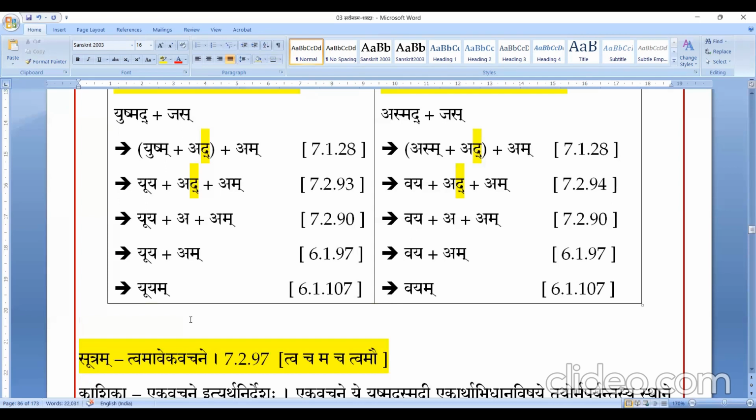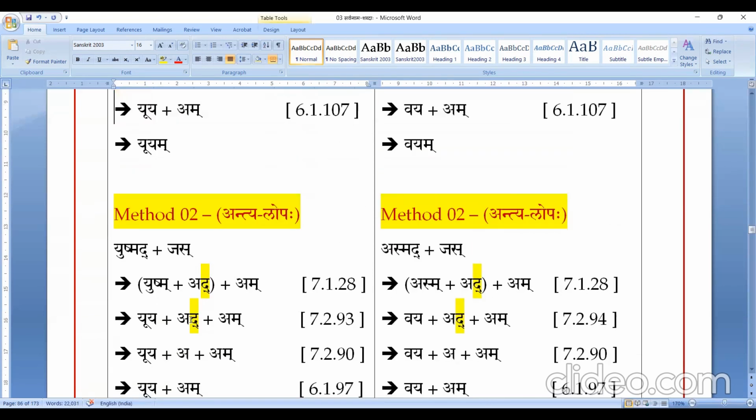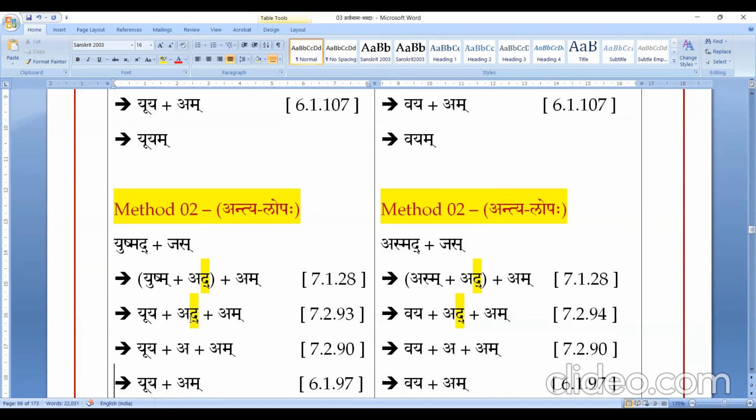And for Dvivachana, the rule is just now 7.2.92, Yuva Ava Adesha. Yuva Ava, Yuvau, Avau, Dvivachana. Then Pratamayascha Dvivachane Bhashayam, by that Akara Adesha, Atva Adesha. So therefore, in Pratama Vibhakti Dvivachana Pratyaya, Atva Adesha happens.